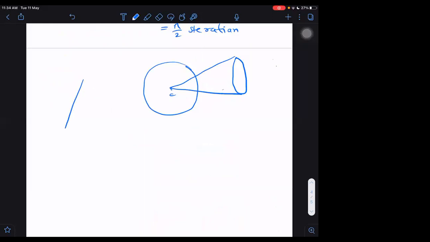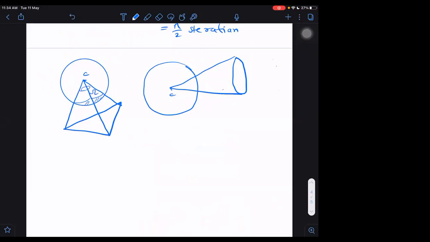For example, take a pyramid. A pyramid has a corner or not? Yes. So for any shape which has a corner, if I take the center of the sphere coinciding with the corner, and some part of the sphere lies inside that shape, then that shape will also subtend some solid angle.